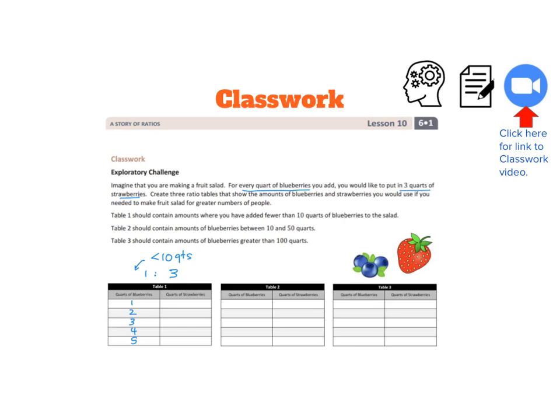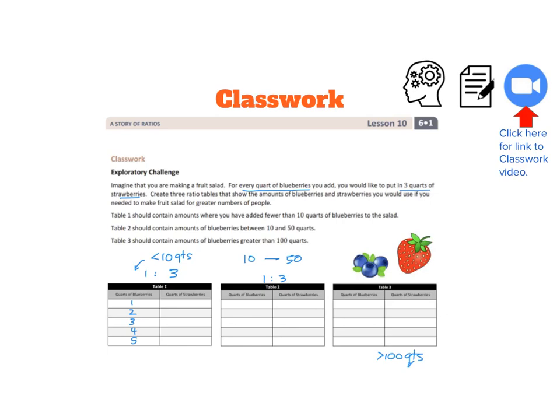This next table, still I'm going to keep a 1 to 3, but the amount of blueberries is going to be between 10 and 50. And then on the last table, they say it should be greater than 100 quarts. So that's really big. That's a lot of fruit salad.